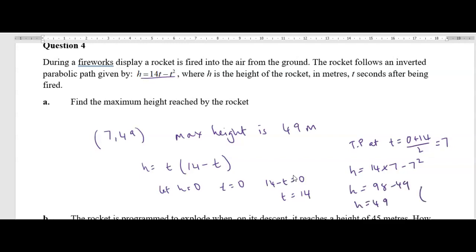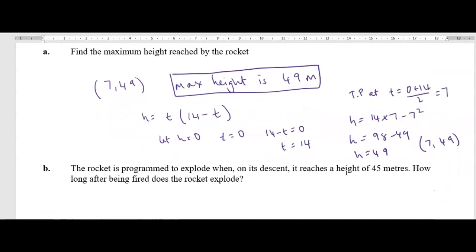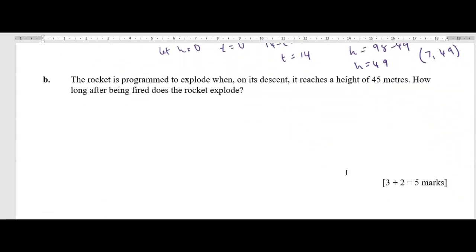So your turning point is 7, 49. But as we said before, there's your answer there. But because it's a 3 mark question, you should probably show some working, but also it's a CAS active exam, and I've taken note on the CAS active exams that if it can be done on the calculator, it's not going to be worth 3 marks because it's CAS active. We're encouraging you to use your calculator.